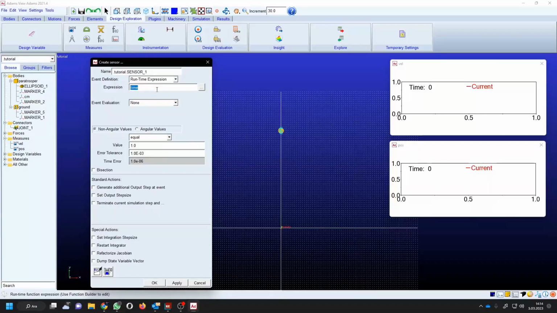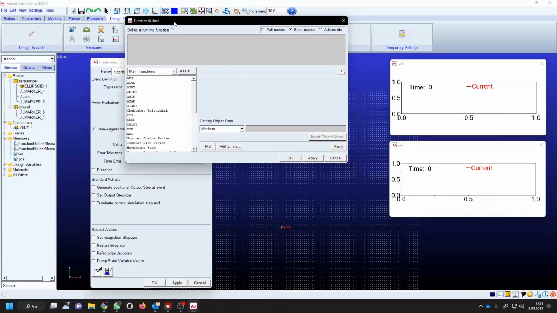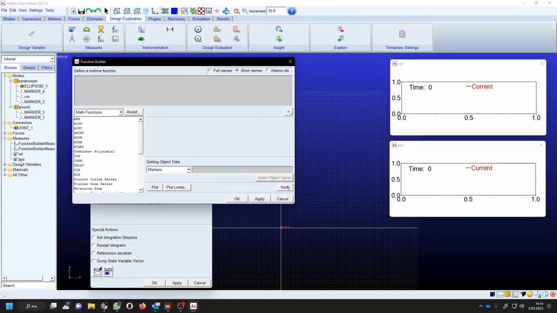The expression for our sensor will be the value of a measure. So I will create a runtime function here, and I have to get the value of an object whose type is a measure. I will select measures here, runtime measure, guesses, position.